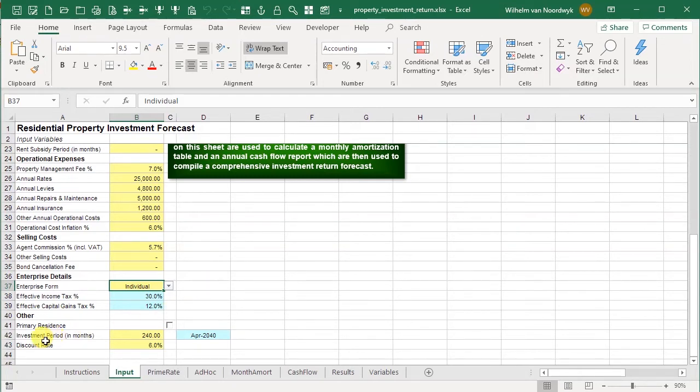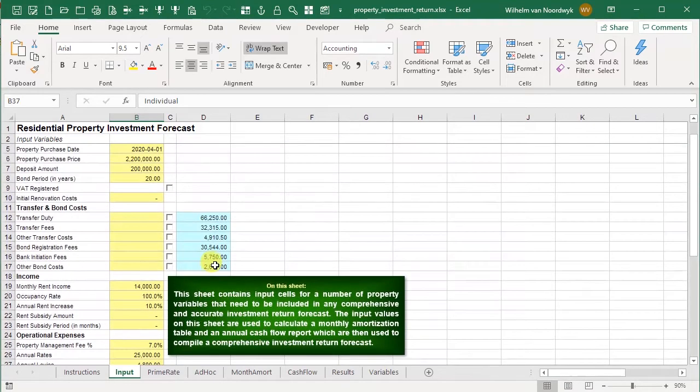The last section, other, has a checkbox for primary residence. There are some tax implications if it's a primary residence, so there's a checkbox for that, and then you've got your investment period and a discount rate. We'll get to that shortly.